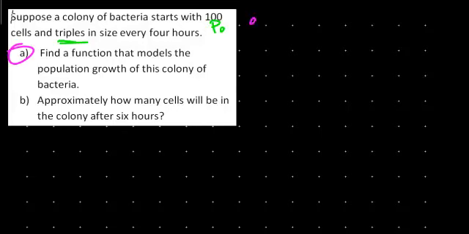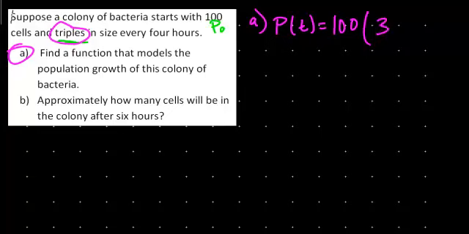So we're going to get P of t equals the initial condition 100. That's my P naught times, and we're tripling this time. We're not doubling. So to triple something, I multiply it by 3, and I want to multiply it by 3 in 4 hours.